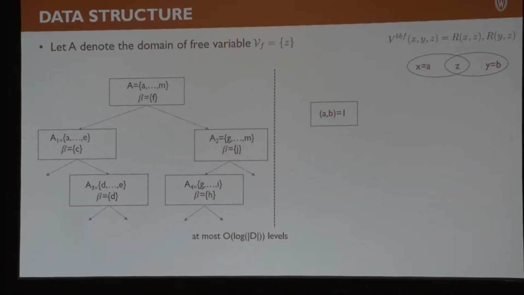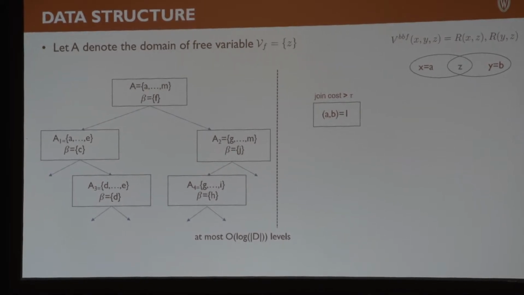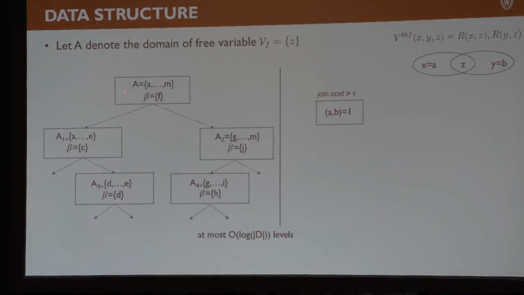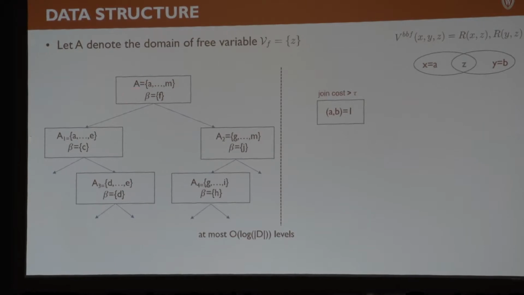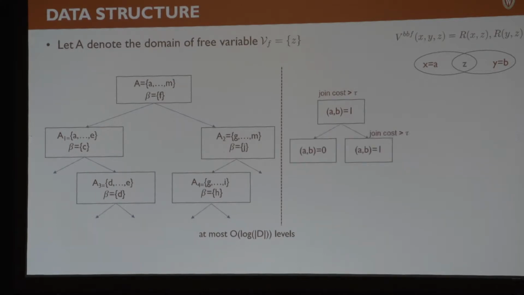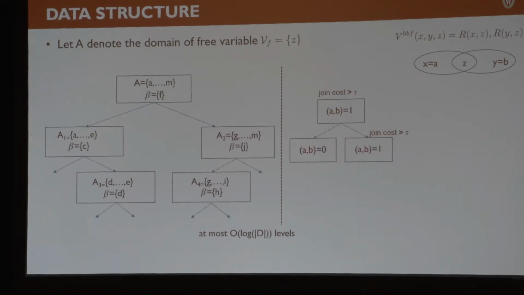The second piece is whether the cost of evaluating the join using the domain at that node is greater than tau or not. Suppose at the second level, for A1, I store a bit of 0 because there is no valid valuation for Z that satisfies this join condition. Once I know this, I don't need to store anything below this node.